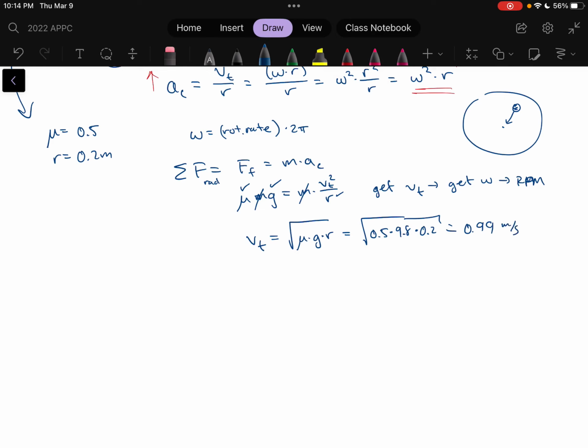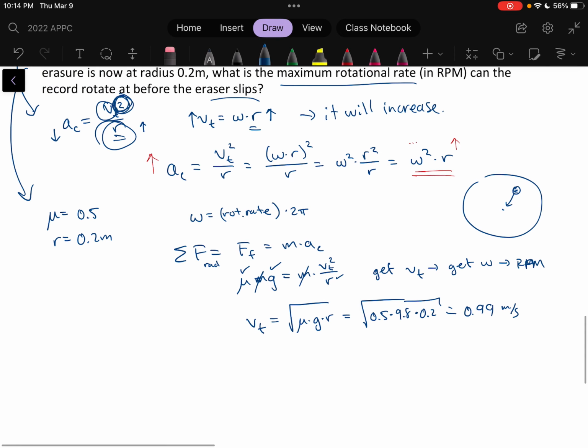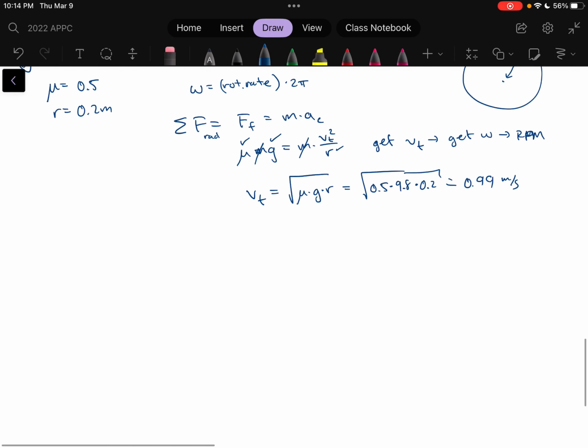I can get back to omega by using the equation we had up above. We can solve for omega and say that omega is Vt over r. So 0.99 divided by 0.2, and I get 4.95. Of course, I'm doing a little bit of rounding here and there.